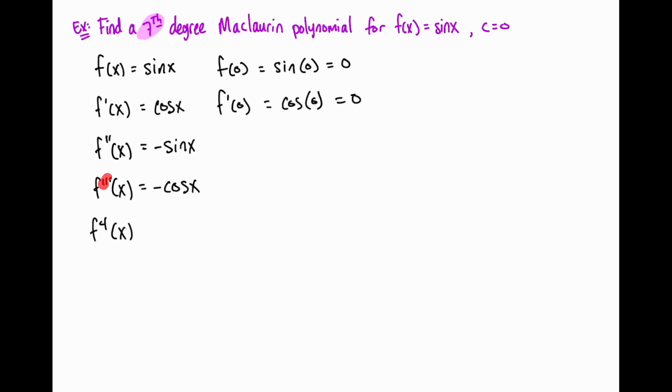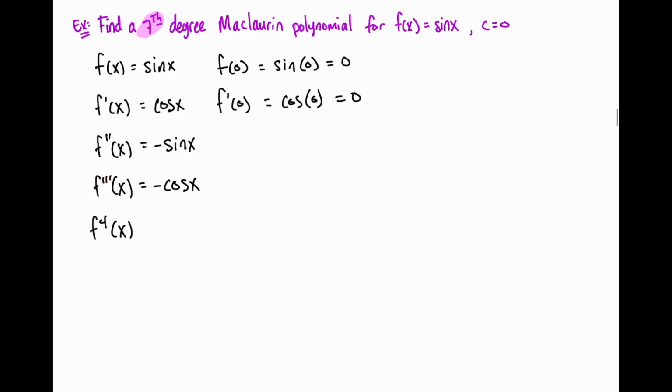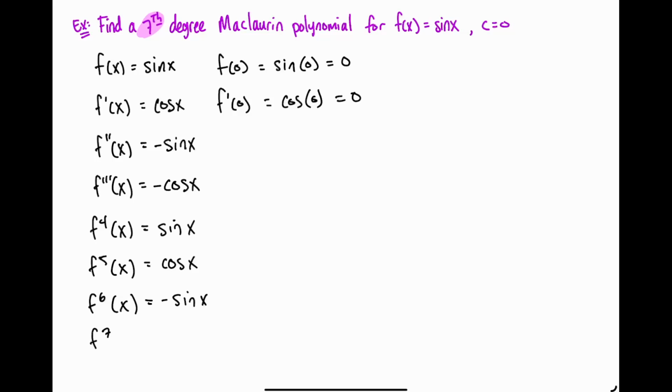After 3, don't do any more tally marks, just say 4. So then we say, what's that, sine of x? And then the 5th is, now we're back on the grind, negative sine of x. And then the 7th is back to negative cosine x.